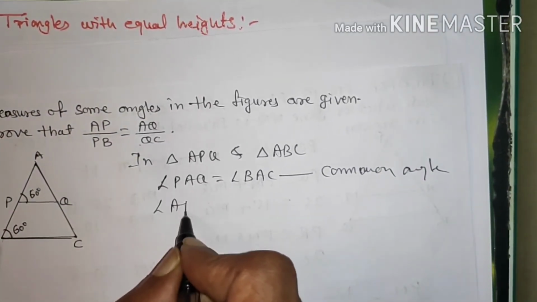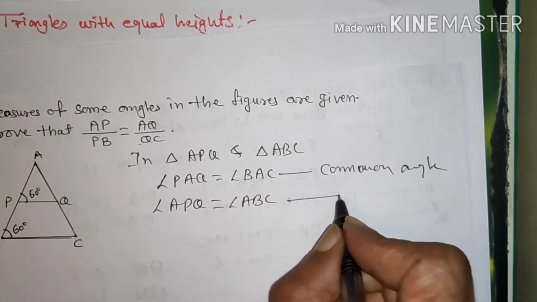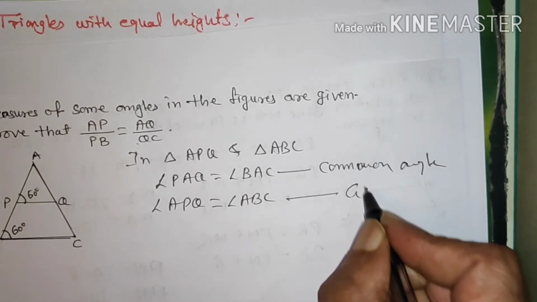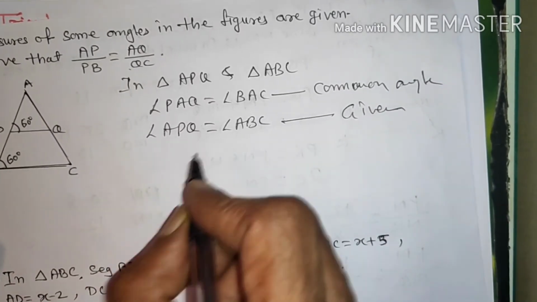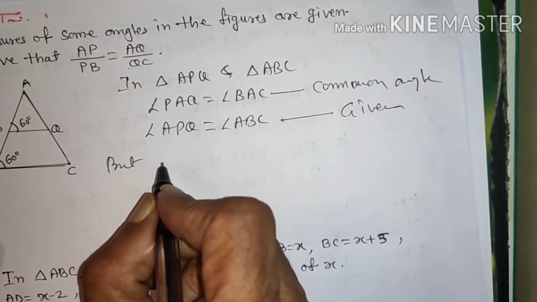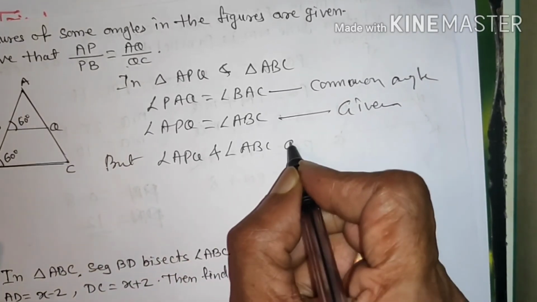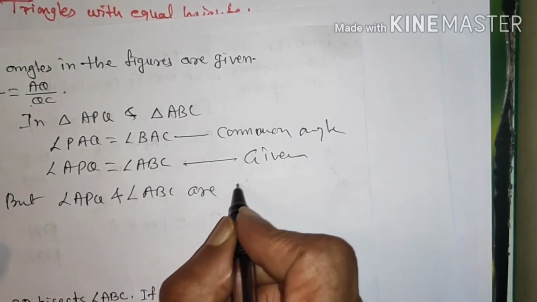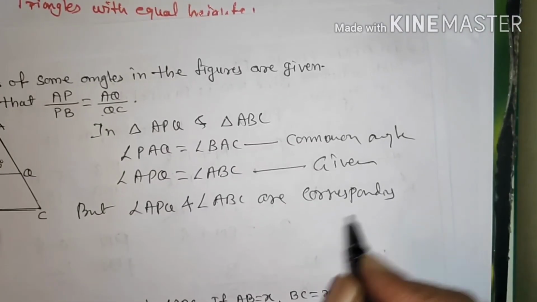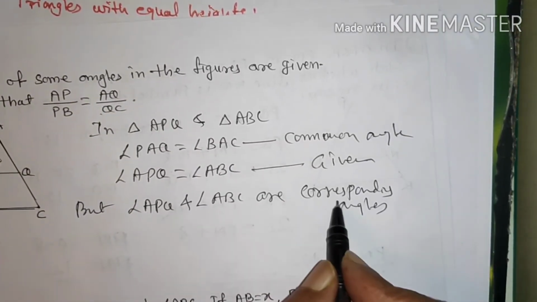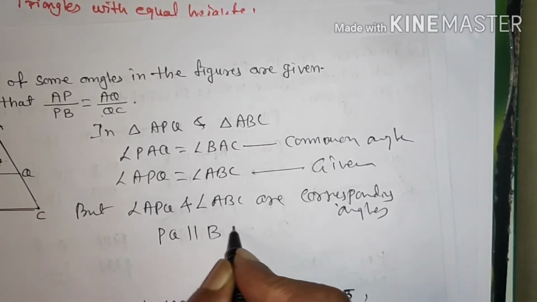Angle APQ is equal to angle ABC, given. Angle APQ and angle ABC are corresponding angles. If corresponding angles are congruent, therefore PQ is parallel to BC.